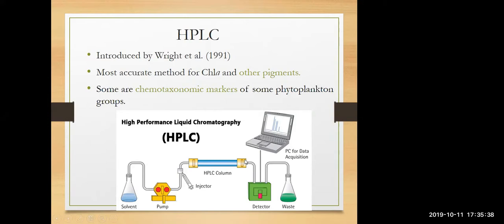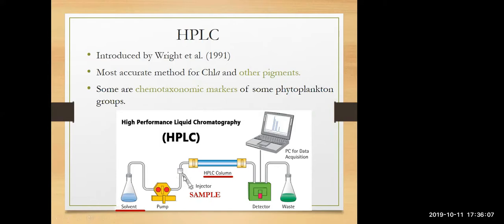Basically, this is the general structure of an HPLC. It contains a column, a chromatographic column. It also requires the use of some solvent, as in the other methods to extract pigments. And there is also the need to inject the sample, as I am indicating here.